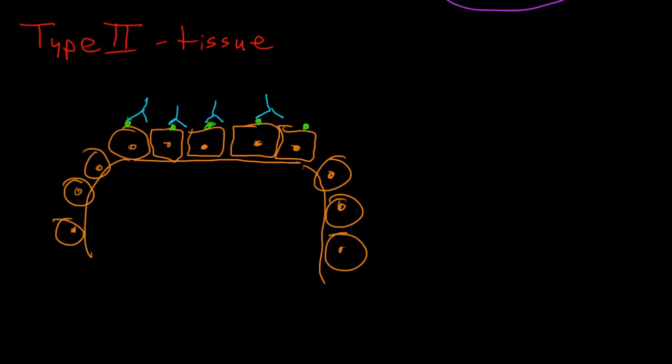So the antigens deposit themselves in the tissue. That's number one. Number two, the antibody binds to that tissue. Then number three, we start to get complement reactions. So we have complement and other proteins, and number three is the process of inflammation.